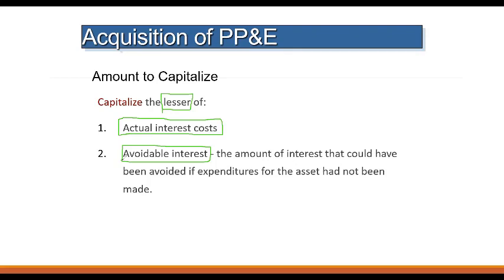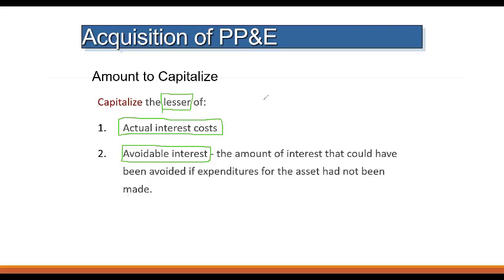Actual interest is the actual interest to be paid. The avoidable interest is the amount of interest that could have been avoided if expenditure for the asset had not been made. This is the interest that you could avoid if you didn't make that loan or expenditure on the asset.